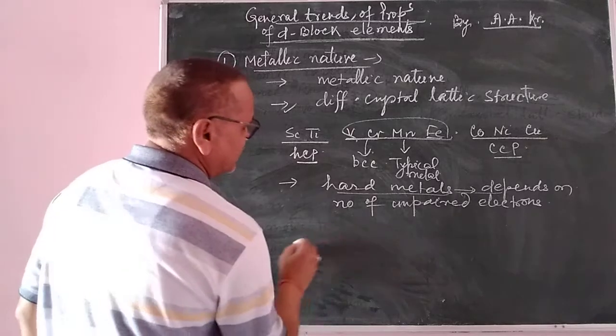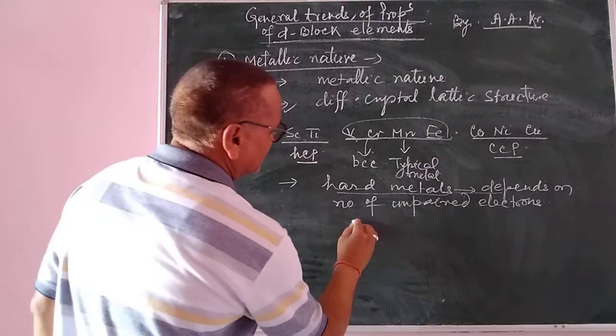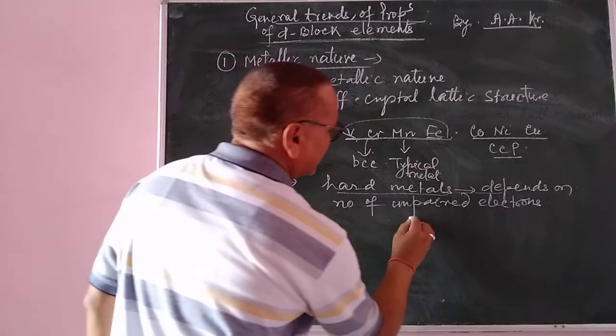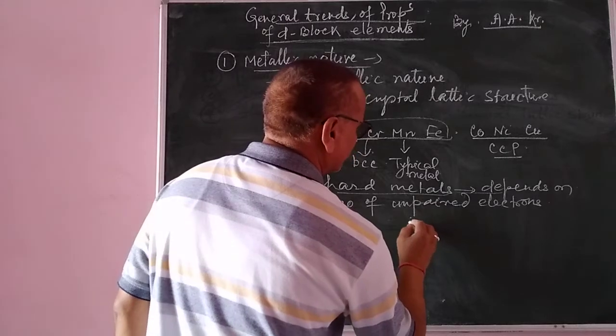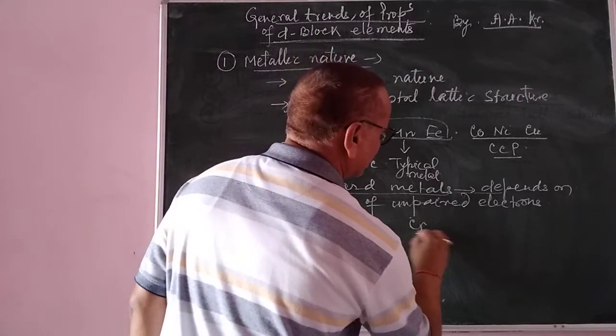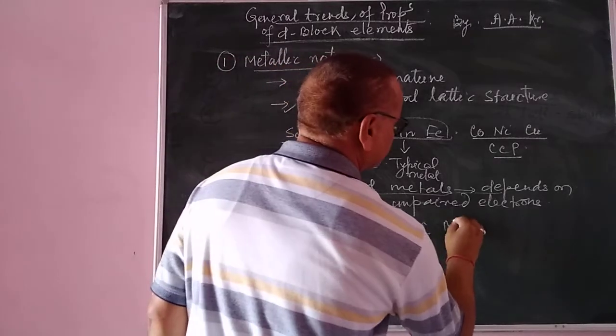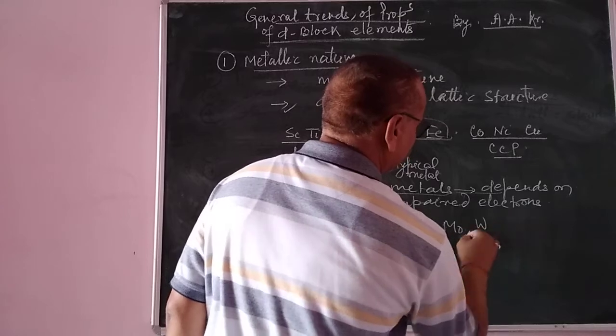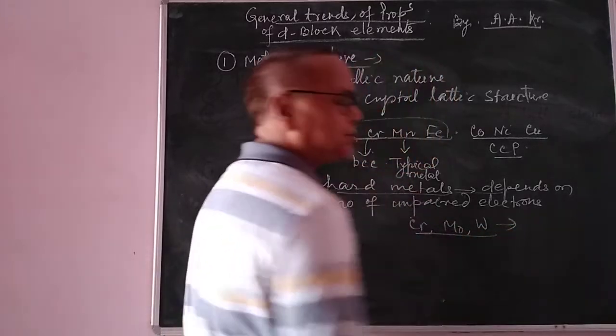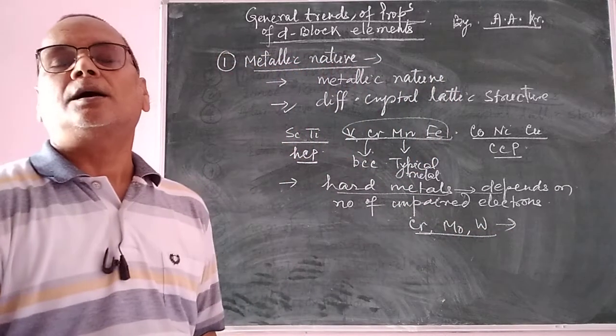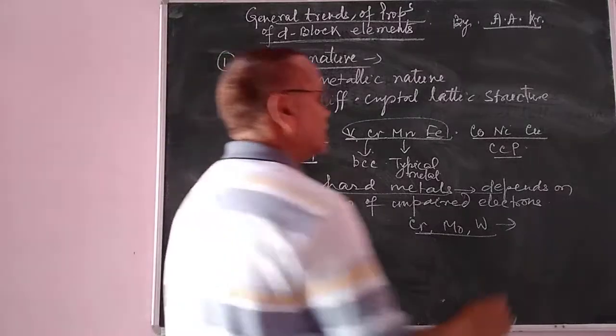So see here, a few in the middle, chromium, molybdenum, tungsten, these three are the hardest in the series.